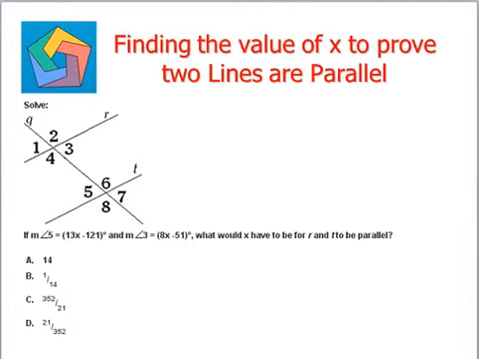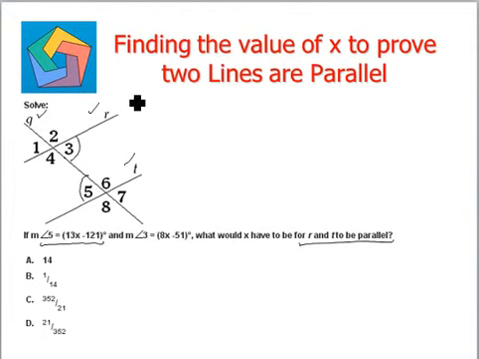Moving on to the next question. Solve. Here we are given two lines R and T cut by the transversal Q. Measure of angle 5 is given to us as 13x minus 121 degrees, and measure of angle 3 is 8x minus 51 degrees. What would x have to be for R and T to be parallel?